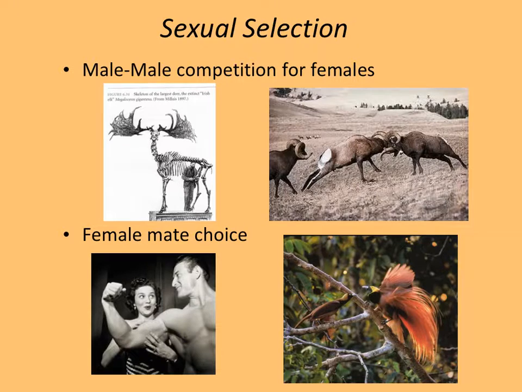And then finally, there's sexual selection, and it's how well you find a mate. In general, males compete with males, not entirely though. With humans, it's both. Females are competing with females for access to males and vice versa.